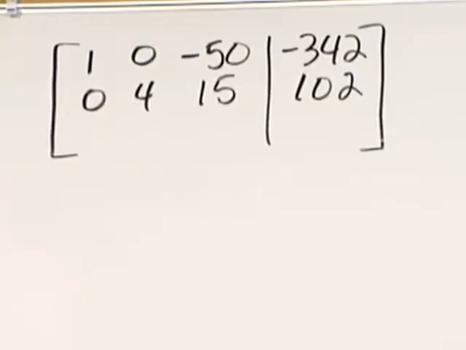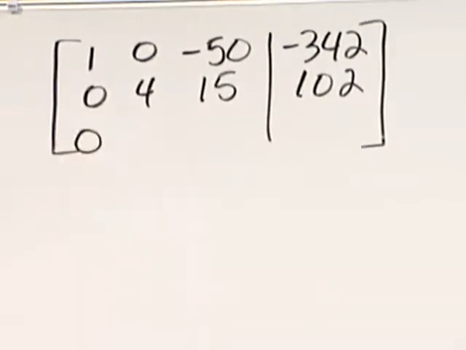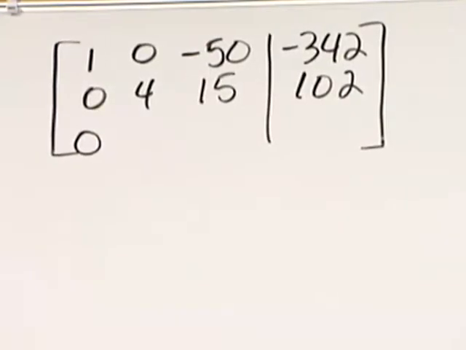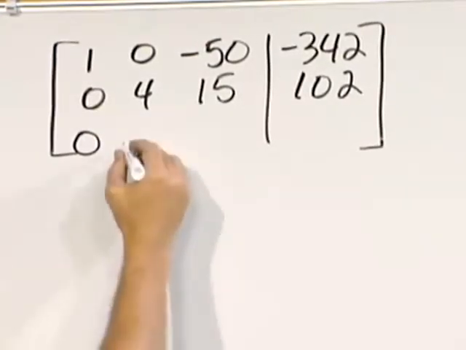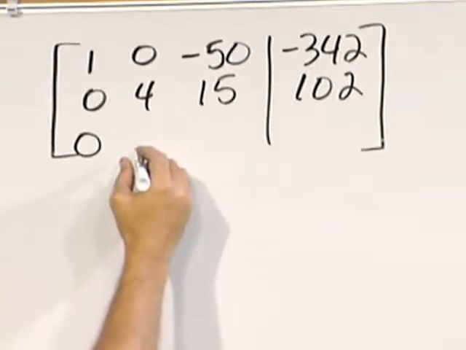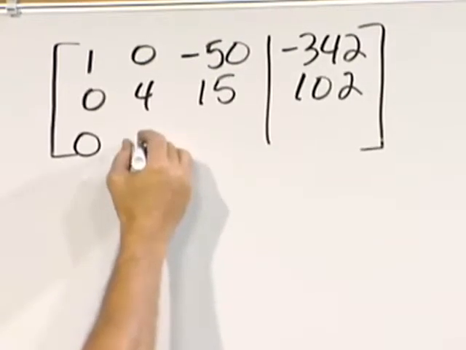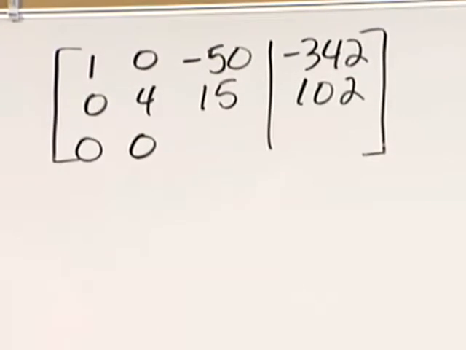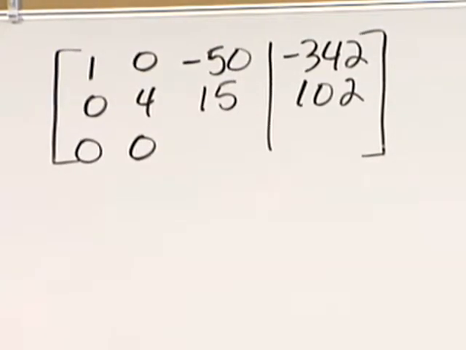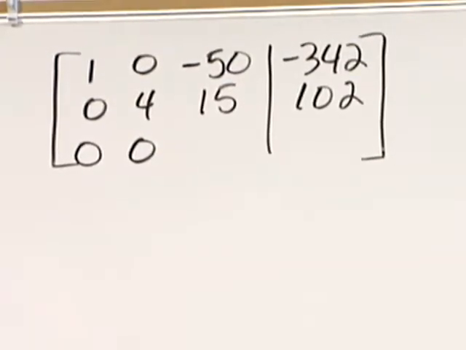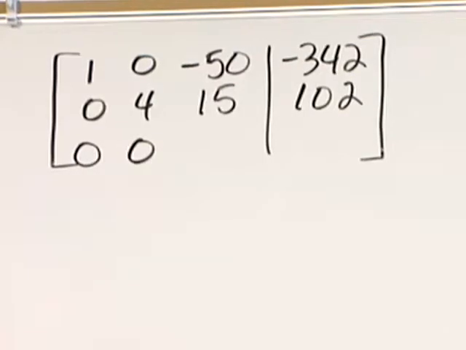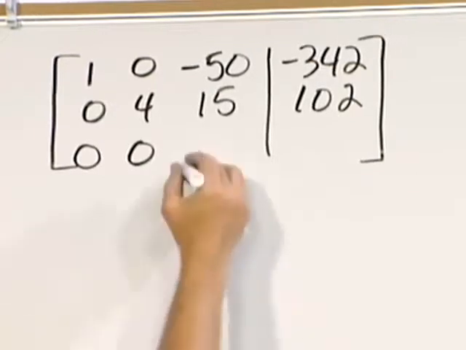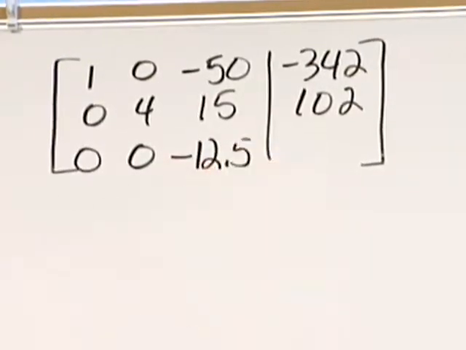Well, of course, 0 plus 0 is 0. Then we're going to have 10 plus negative 2.5 times 4, which is 10 plus negative 10, or in other words, 0. Then we're going to have 25 plus negative 2.5 times 15, and that's going to give us a result of negative 12.5.